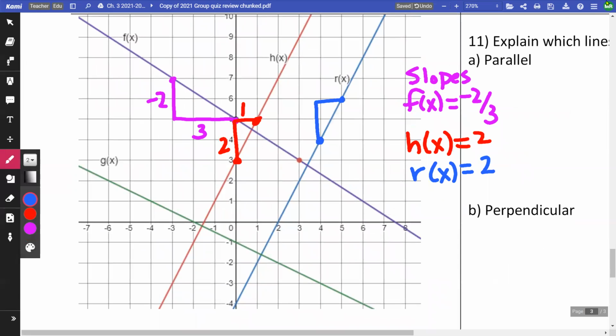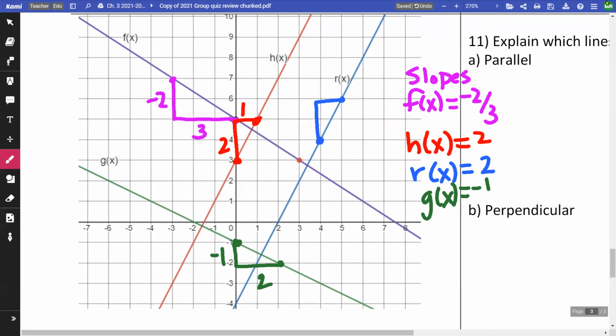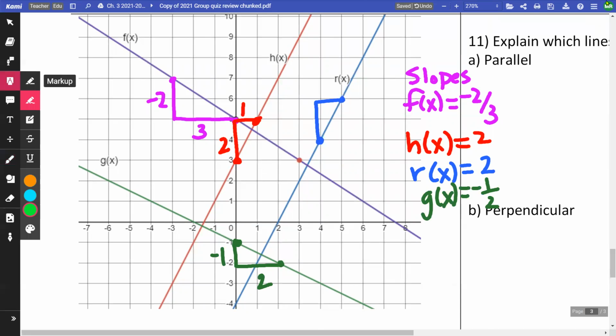And then my green one, this is a nice point, and this is a nice point. I'm going down 1/2, and that is g of x. And the slope of g of x is -1/2. So looking at it, these two right here are going to be parallel because they have the same slope.